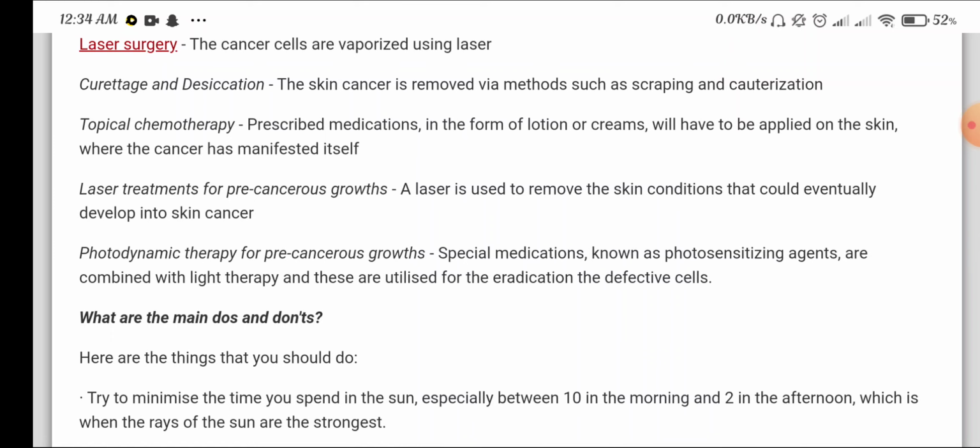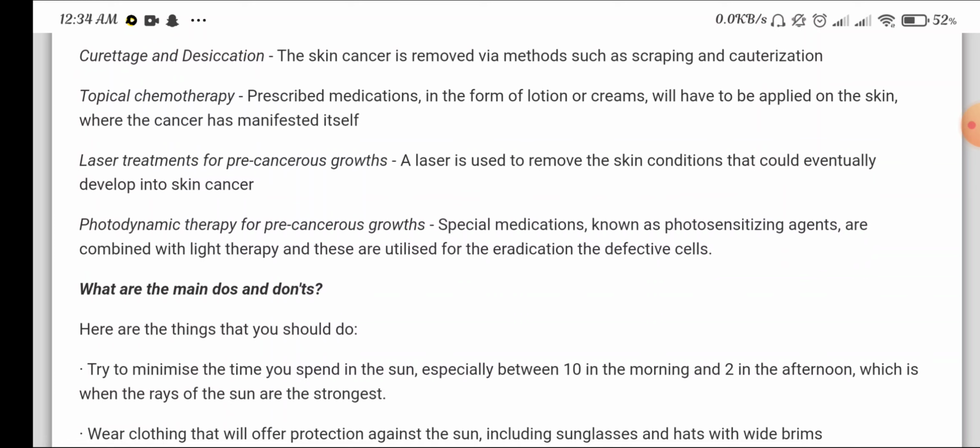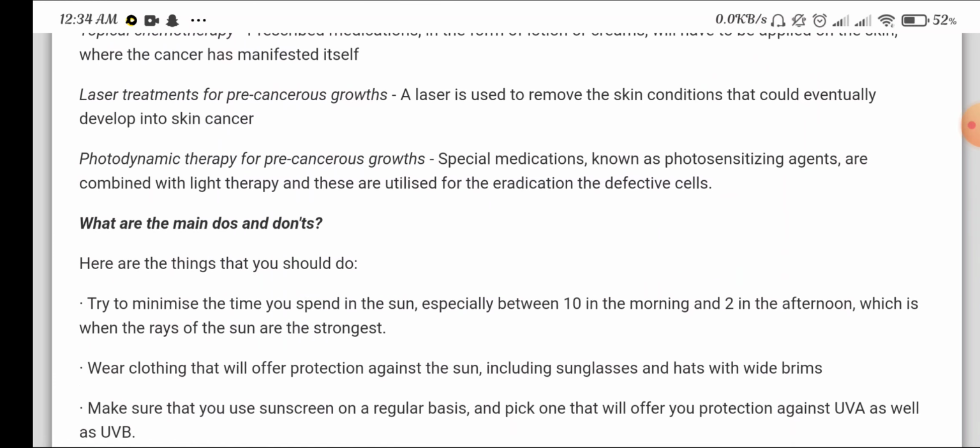Topical chemotherapy. Prescribed medications in the form of lotions or creams will have to be applied on the skin where the cancer has manifested itself. Laser treatments for precancerous growths.